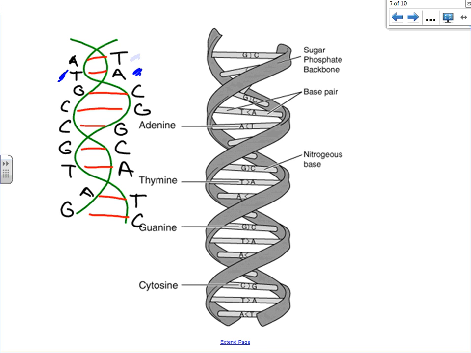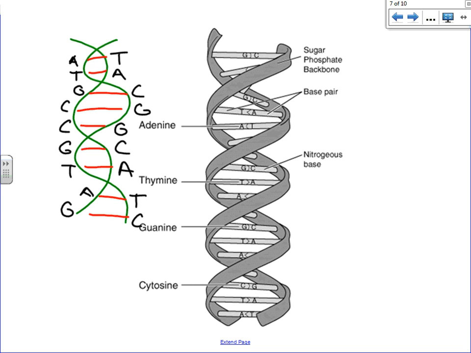Also, if you ever have a guanine, on the other side there's always a cytosine, and whenever there's a cytosine, there's always a guanine. All right, now this is true all the time. You'll notice that these two strands are almost mirror images of each other. All right, now these are what are called complementary strands.